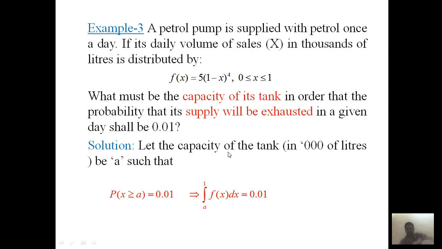From minus infinity to 0 the value of the function is 0, and from 1 to infinity f(x) is again 0. So the integral takes a non-zero value only in the interval 0 to 1. Since the capacity of the tank is A, we consider the integral from A to 1 of f(x) dx, which is equal to 0.01.